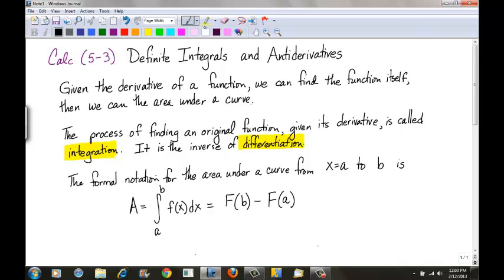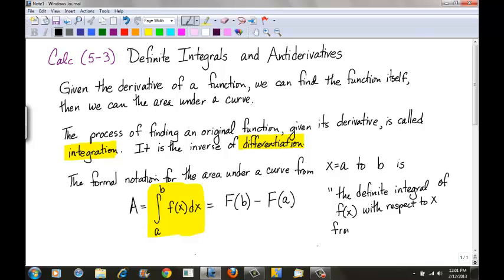And the way you read this notation, it's the definite integral of f of x with respect to x from x equals a to b, or if you just say from a to b, that's all right.